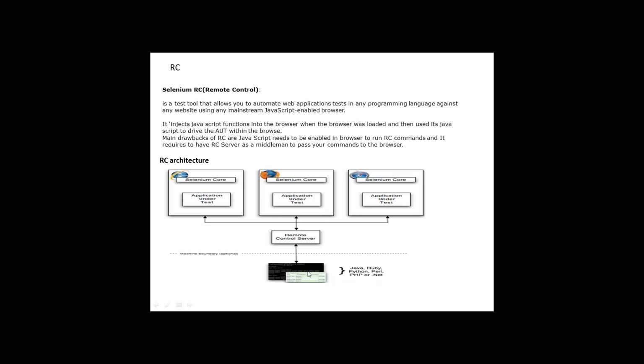When you execute this automated script, it goes to the remote control server, RC, first. It's not directly interacting with the application. This remote control server, irrespective of the language you used here, is going to convert all these things into JavaScript commands.